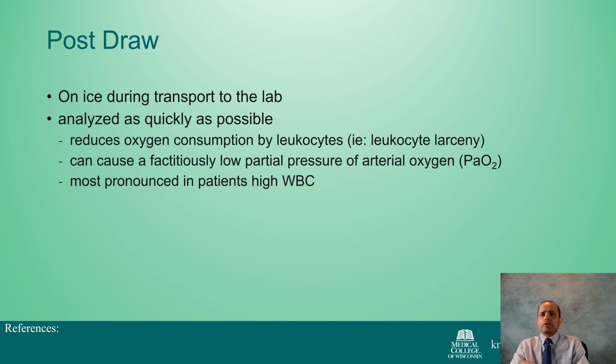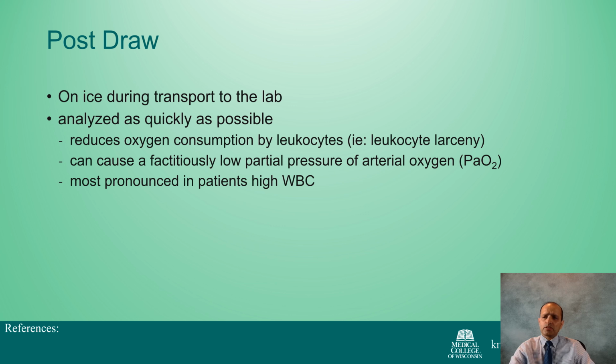Alright, so after the draw, there are a few things you need to take into consideration. You want to transfer that sample as soon as possible because you don't want WBCs to consume the oxygen that is contained in that sample. That phenomenon we call leukocyte larceny, and it can result in a low partial pressure of oxygen.